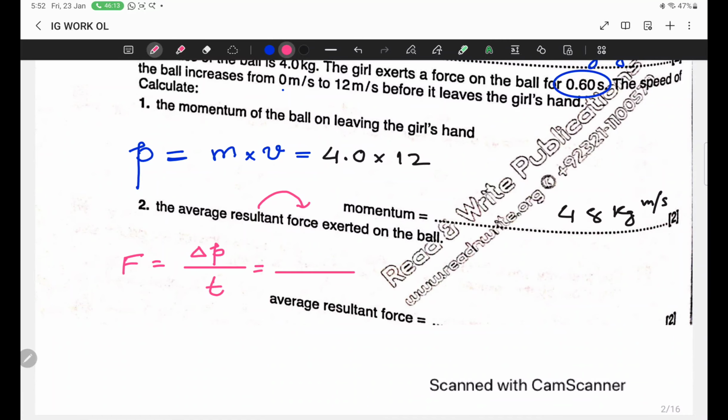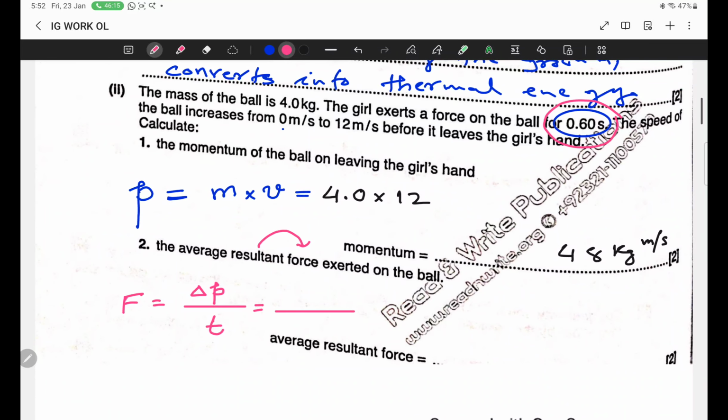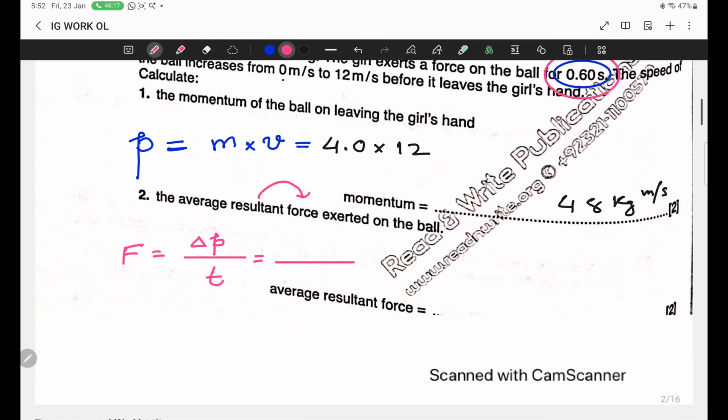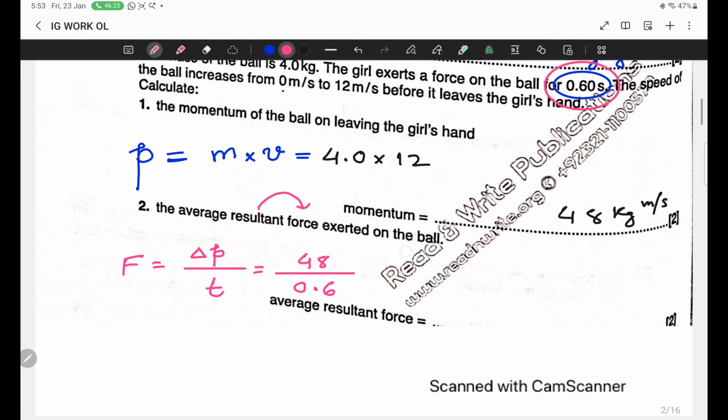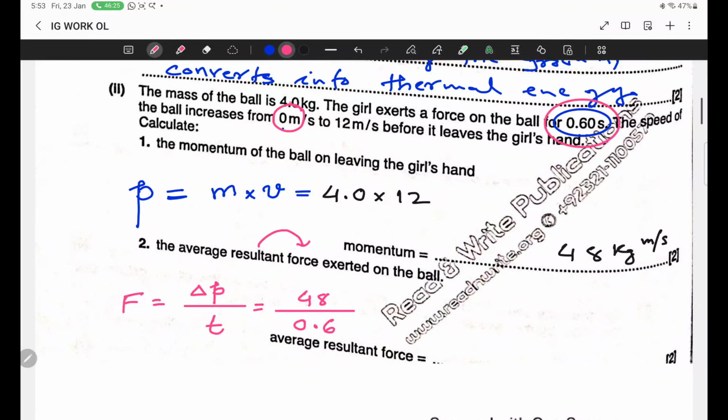Rate means divided by time, and the value of time is given, 0.6 second. Initial momentum is 0, so the change will be 48. Final momentum 48, initial momentum 0, so 48 minus 0 is 48.